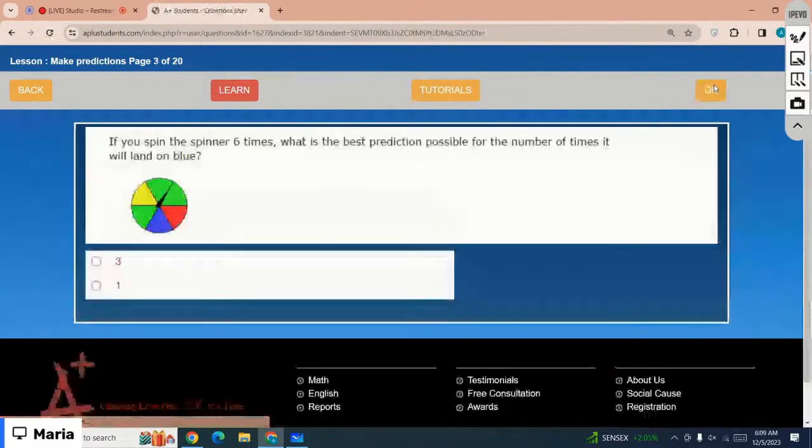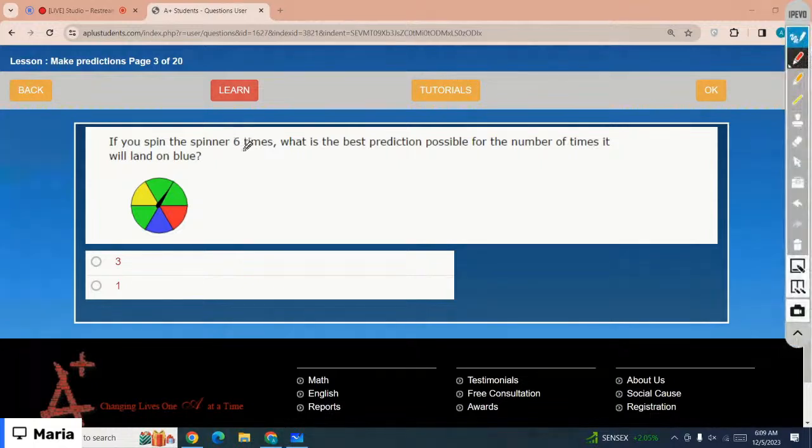The next one is, if you spin the spinner 6 times, what is the best prediction possible for the number of times it will land on blue? You spin a spinner 6 times. The probability of blue: you have 1, 2, 3, 4, 5, 6 portions on the spinner, and only one portion is blue.